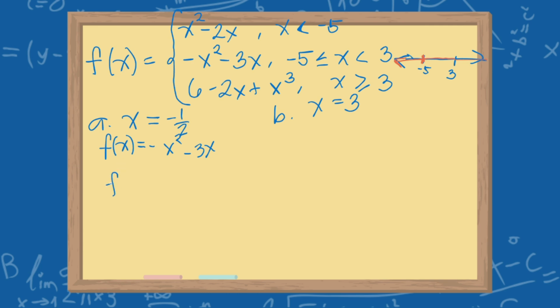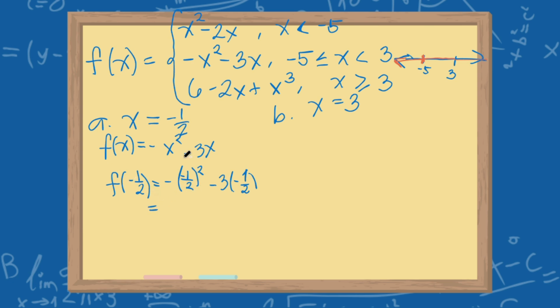So we have here f of negative 1/2 is equal to negative, negative 1/2 squared minus 3 times negative 1/2. Okay.